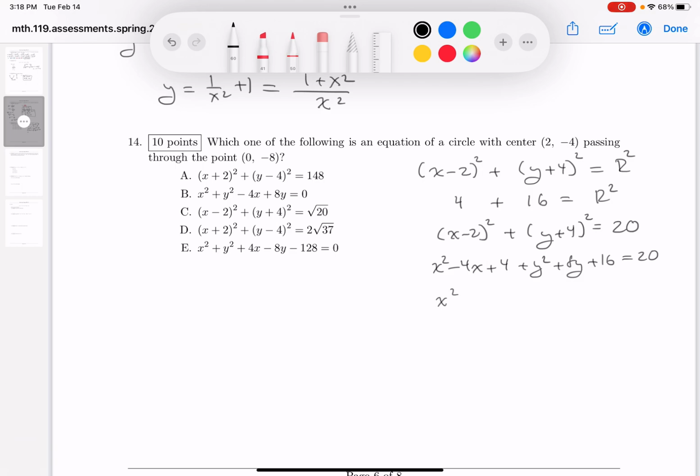I'm going to rearrange it, x squared plus y squared. And then you get minus 4x plus 8y plus 20. I still don't see it in the key. I'm going to subtract 20 from both sides. And I'm seeing it. Where do I see it? Right over here. x squared plus y squared minus 4x plus 8y is equal to 0.